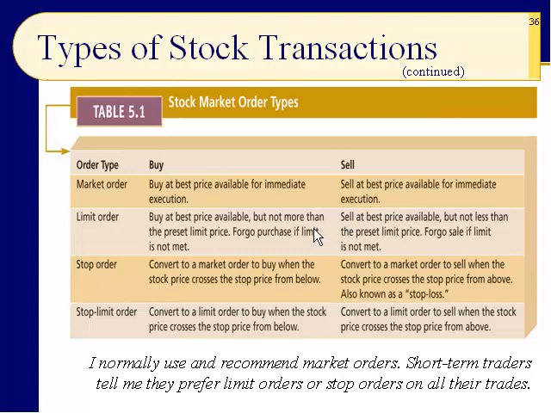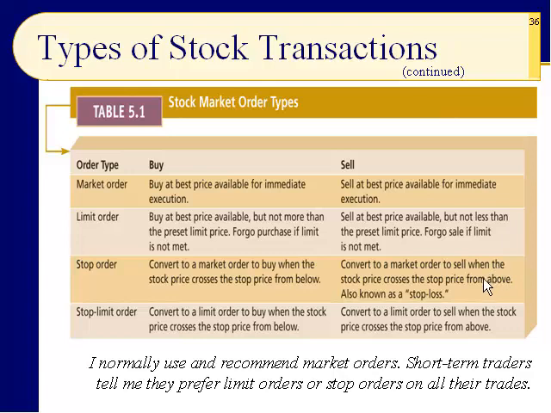Whereas with a limit order, you'll buy it, but only if it hits this price. I'm not going to buy it for more than 22. But if it never gets down to 22, you're never going to get it. And the same thing is true: I'll sell it if it goes to 28, but if it never gets to 28, you aren't going to sell.